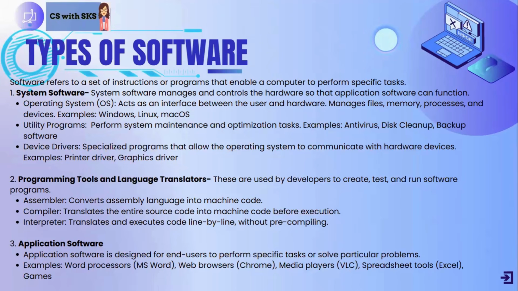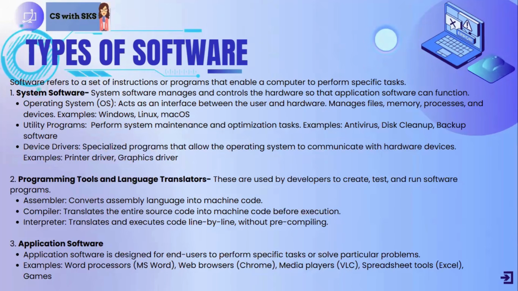System software basically runs the show. Your operating system and tools like antivirus or drivers, they all are part of the system software. System software basically manages and controls the hardware so that application software can function properly.